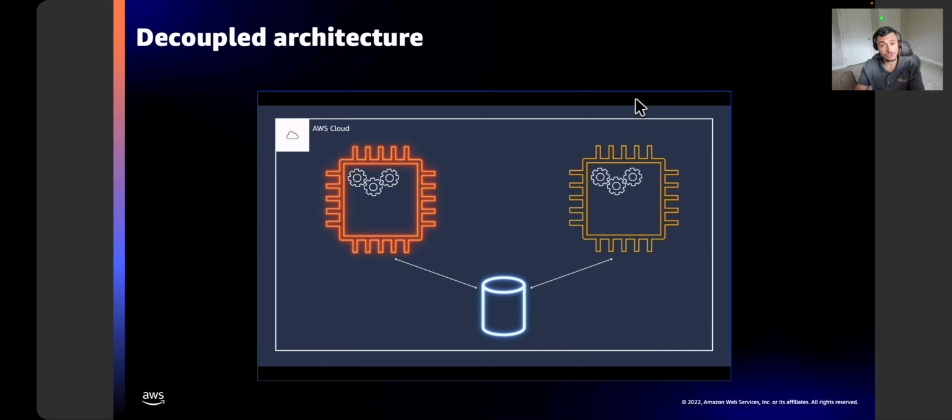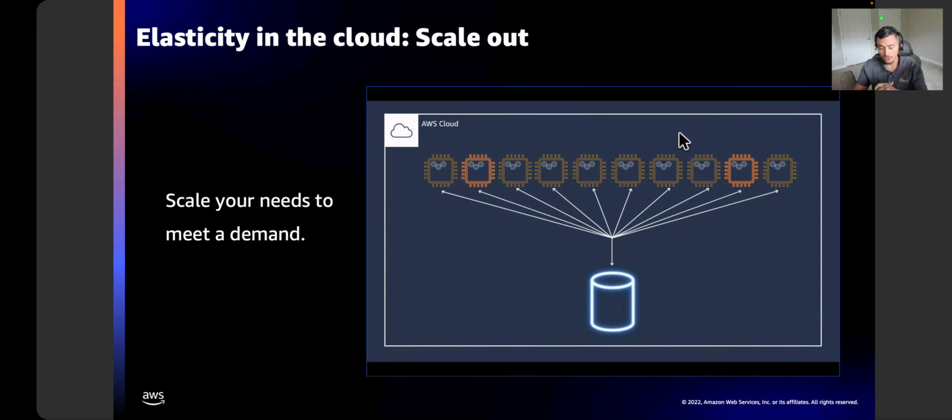But there are also many other services we can use for decoupling, specifically messaging services like Amazon SQS, the Simple Queue Service, as well as Amazon SNS, the Simple Notification Service. We can use those to decouple our network tiers as well. So very good, that's thinking about decoupled architectures.